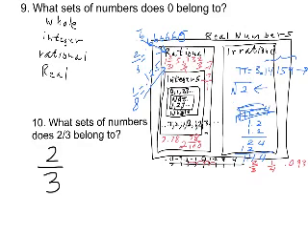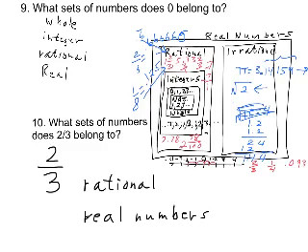It doesn't belong to the whole numbers. It doesn't belong to the integers, because it's between the integers, right? So it's a rational number. We talked about the decimals and the fractions. It's not an irrational number, and it is a real number, because all the numbers we'll be dealing with will be real numbers.